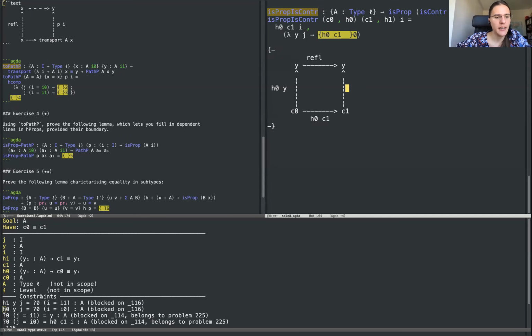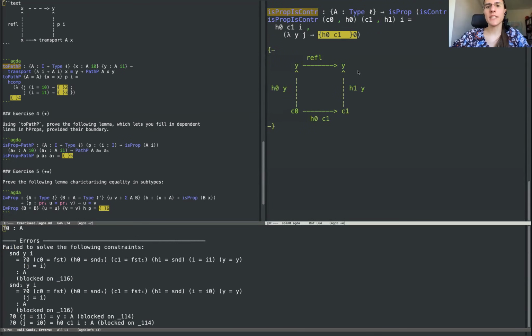Well, at this side, when I is equal to I1, I want H1 of Y. Okay, so I want to fill in this square right here.